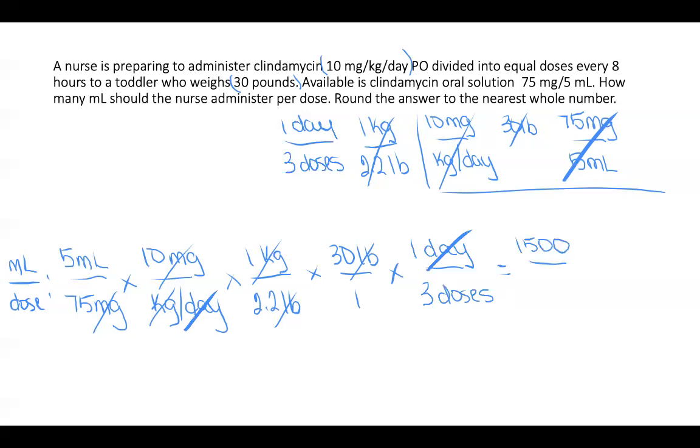And 75 times 1 times 2.2 times 1 times 3 is 495. 1,500 divided by 495 is 3.03. And it says round to the nearest whole number. So our answer is 3 milliliters per dose.